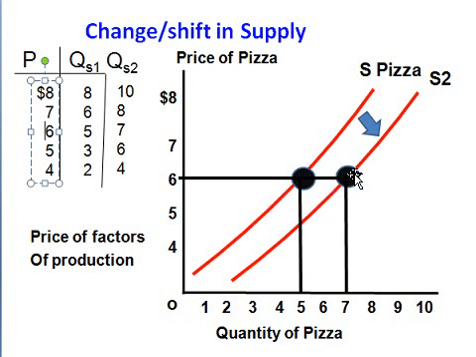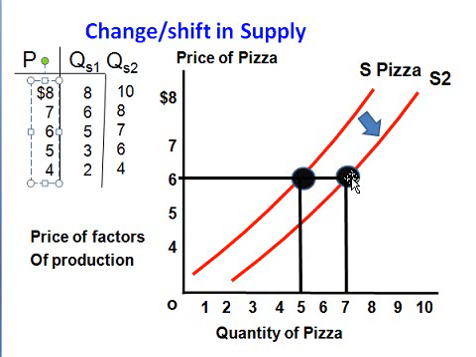Okay, but suppose the producer is here, the price of oven goes up, and at the same time the price of pizza also goes up. Will the producer produce less? No, the producer will not produce less because the price of pizza has gone up.